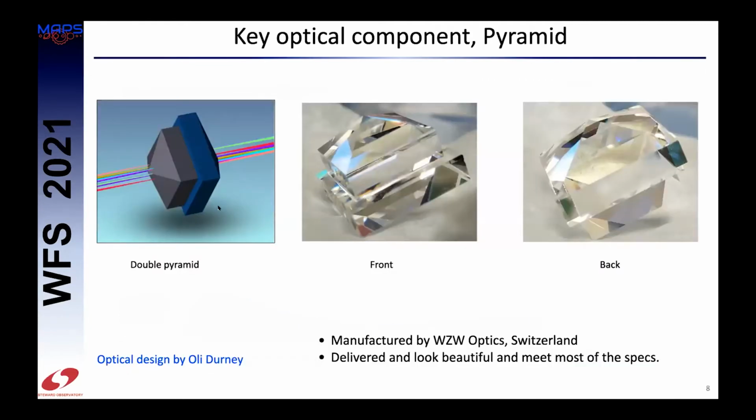The optical design of the pyramid was taken from LBT, which was working well, and is optimized for our specifications in the visible. This is the pyramid built by WZW Optics from Switzerland, and it was delivered last month, or like two months ago.